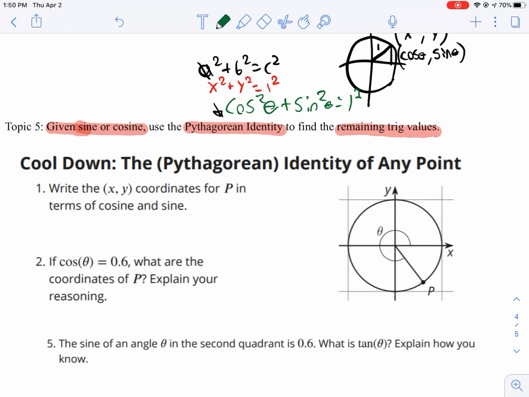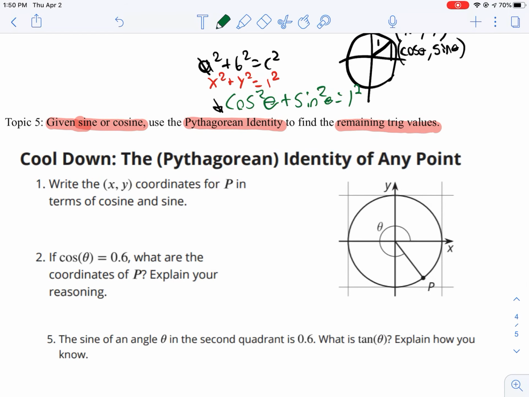Write the xy coordinates for P in terms of cosine and sine. If you take a look at this, we have our point P here, and we know that our x coordinate is going to be positive and our y value is going to be negative.